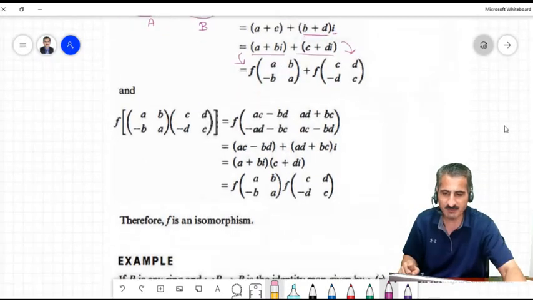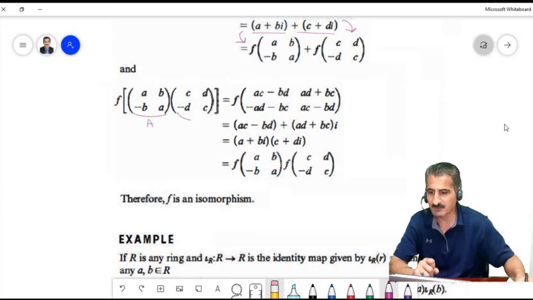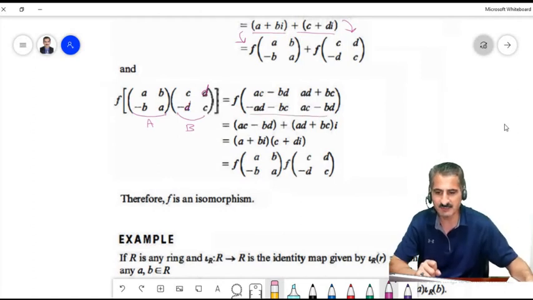And same thing for multiplication. Take two elements from K, two matrices of that form. Notice we must have this element here the same as this element here with a minus sign. Now if you multiply the two matrices, you get that. Now take the image, that will be the real part, and this will give the imaginary part multiplied by I, as we have seen here.